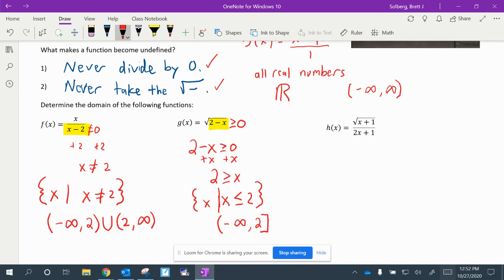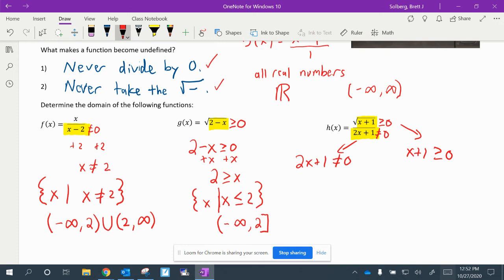All right, so last but not least, let's look at h of x here. I've got two things. I've got a denominator here, so I'm going to say that denominator can't be 0. And then I've also got a radicand, so I'm going to say you need to be greater than or equal to 0. So let's split that up. I get 2x plus 1 can't be 0. And then over here, I'm going to say x plus 1 needs to be greater than or equal to 0.